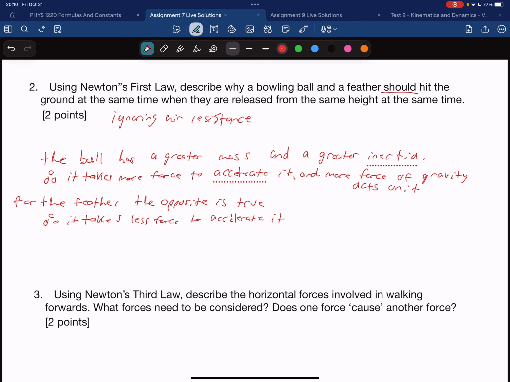For the feather, therefore, it takes less force to accelerate it, and less force of gravity acts on it.